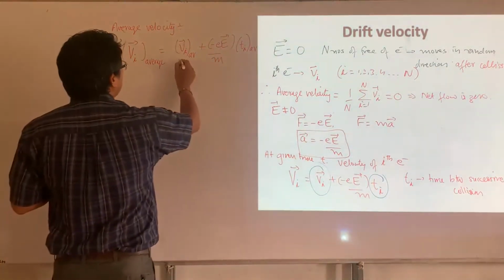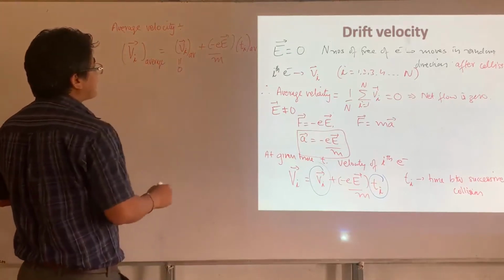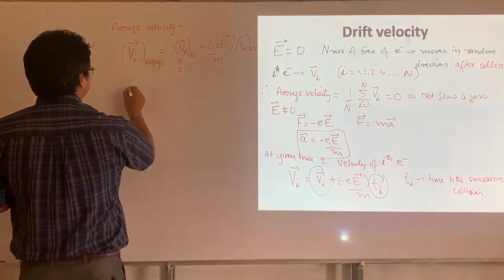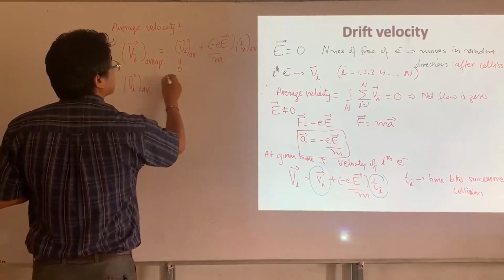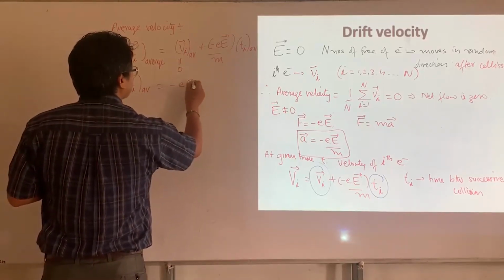Again, this is going to be 0, random, right? So this way, this is going to be minus eE.